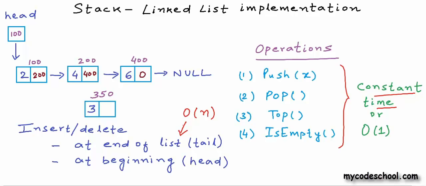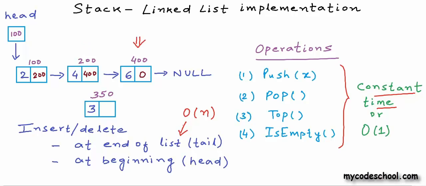To insert a new node in a linked list at the end, we need to go to the last node and set the address part of that node to make it point to the new node. To traverse a linked list and go to the last node, we should start at the head or the first node. From first node, we get the address of the second node. So we go to the second node, and from second node, we get the address of the third node.